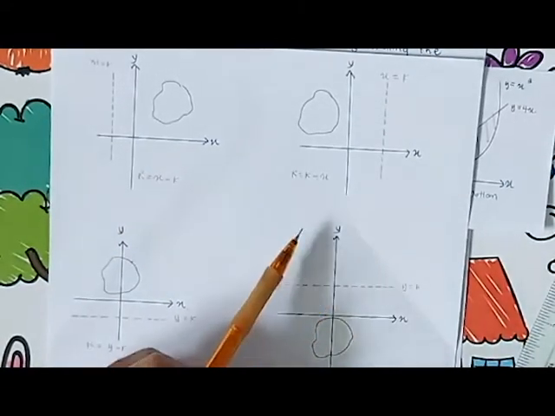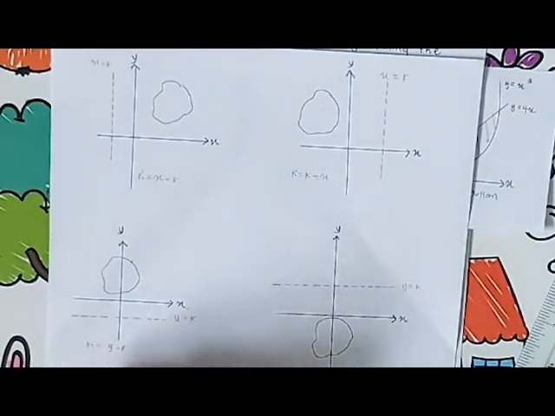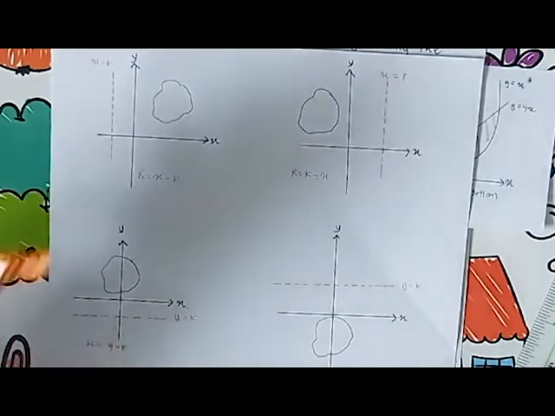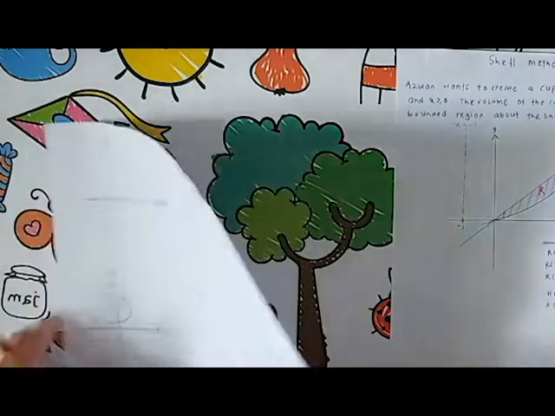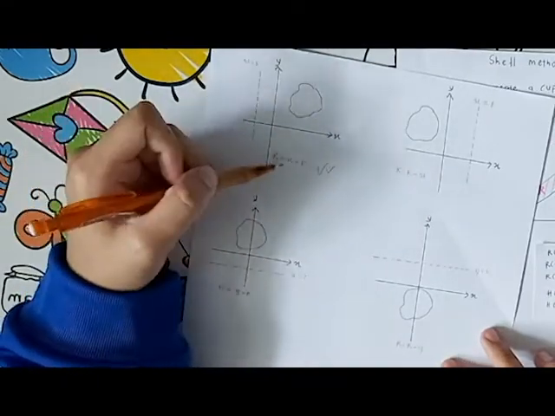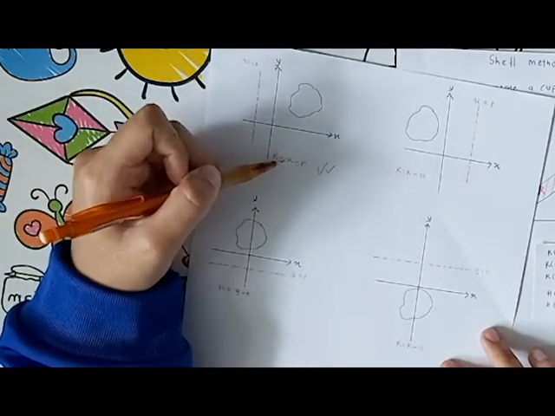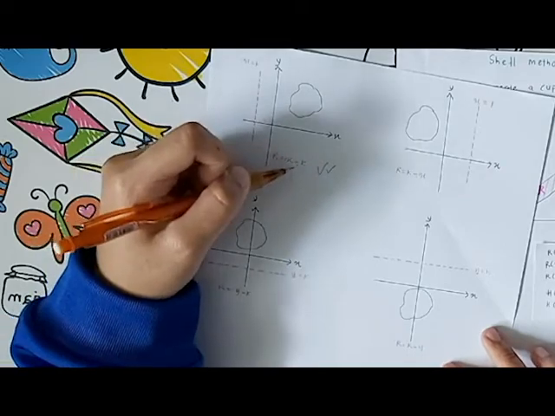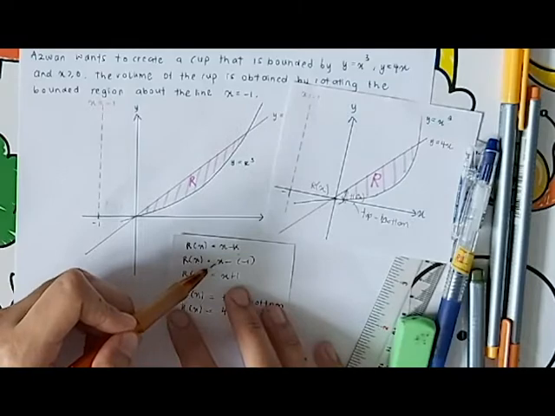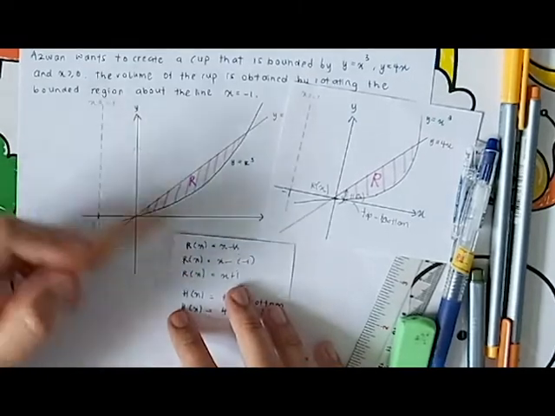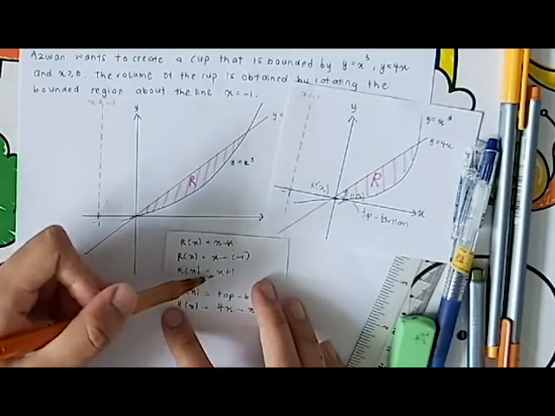When k is upward and the graph is downward, k minus y. For this graph, it is this. It should be x minus k. So x minus k, x minus negative 1. We got x plus 1.